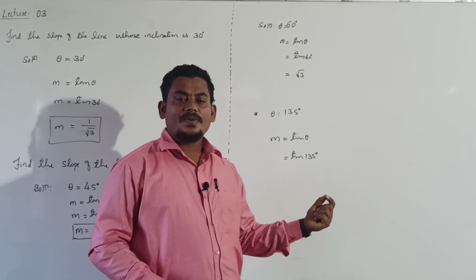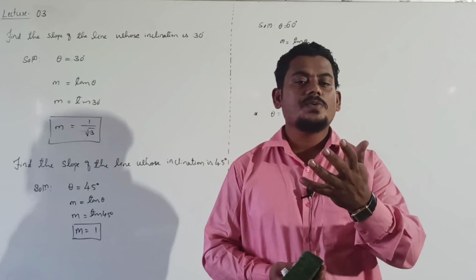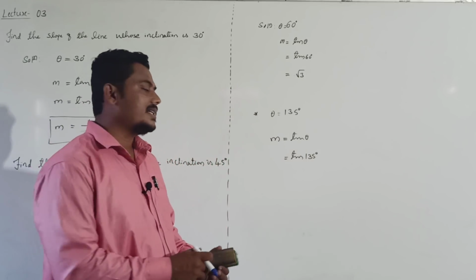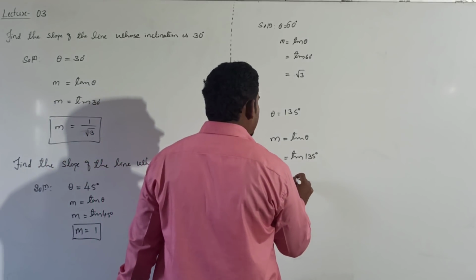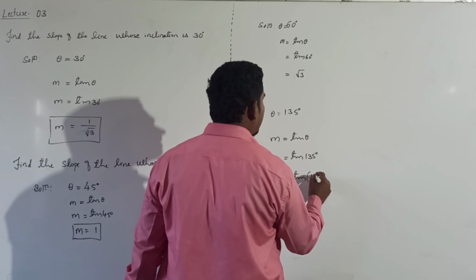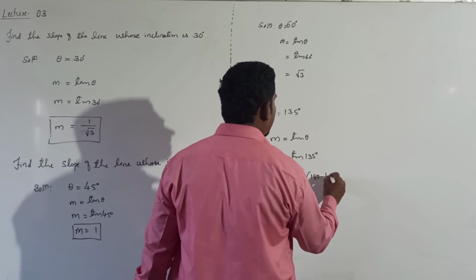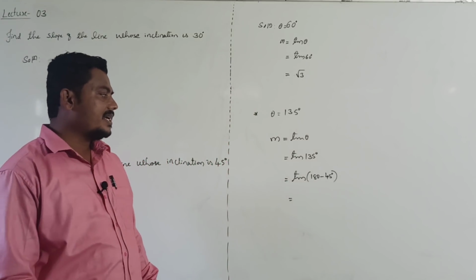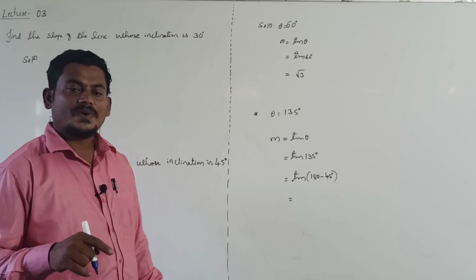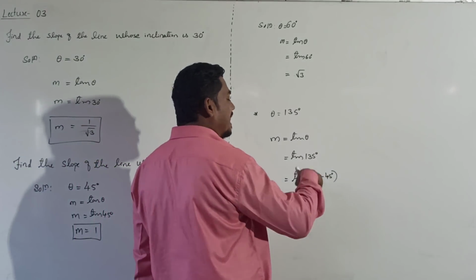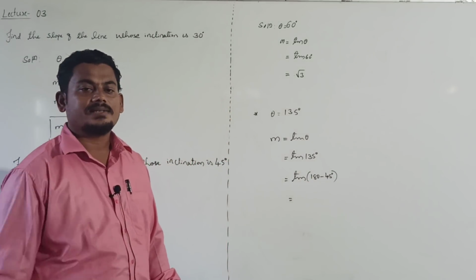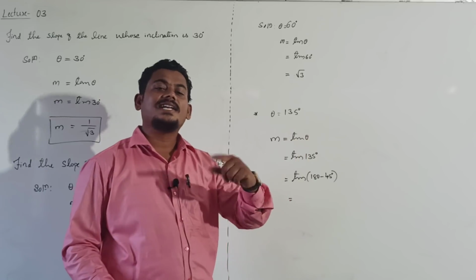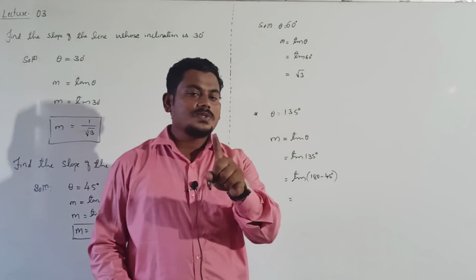Means 135 is not a standard angle, so split by using allied angles, because we don't know what is the value of tan of 135. I will write 180 minus 45, right? Tan of 180 minus 45, or else you can take 90 plus 45, both are one and the same. You can split like 180 minus 45 or 90 plus 45, both give same values, right?